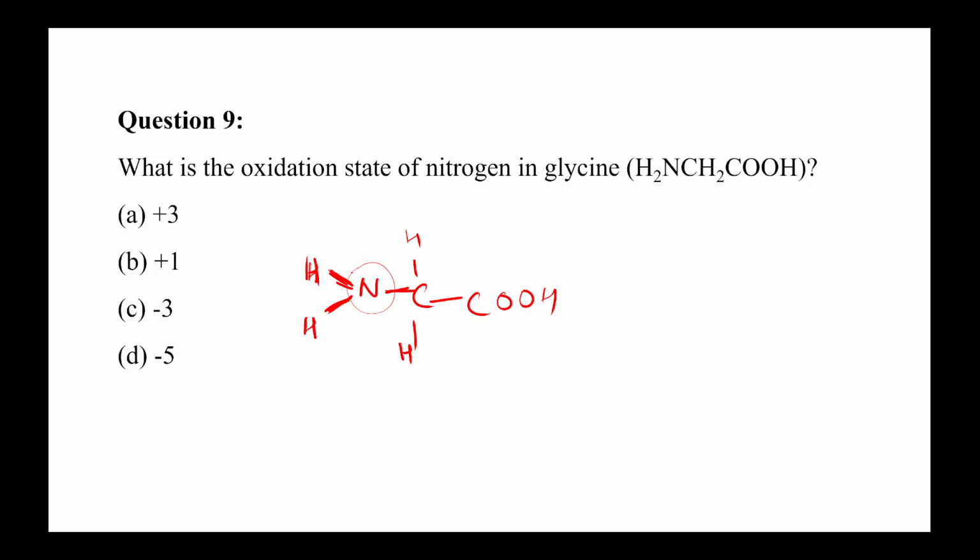So this is +1 and this will be -1. Then again this will be +1, this will be -1. Then this will be +1, this will be -1. So total -1, -2, -3. So the total oxidation state will be -3. That is option C. This is clear?